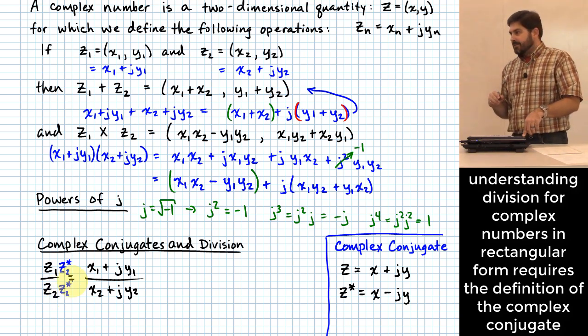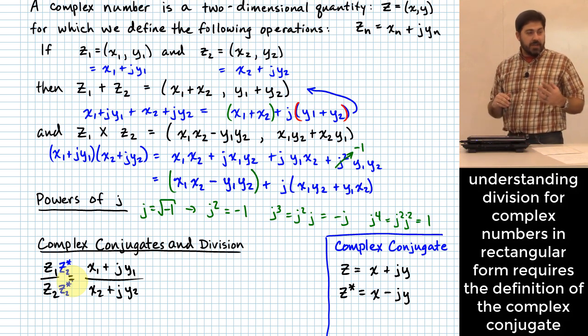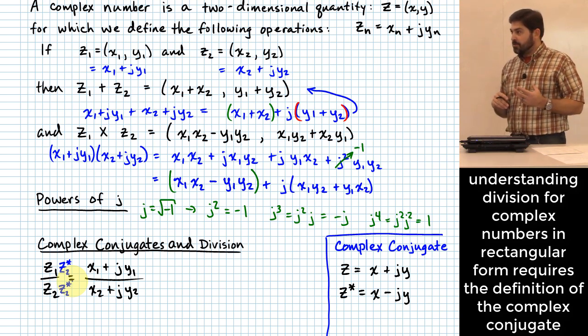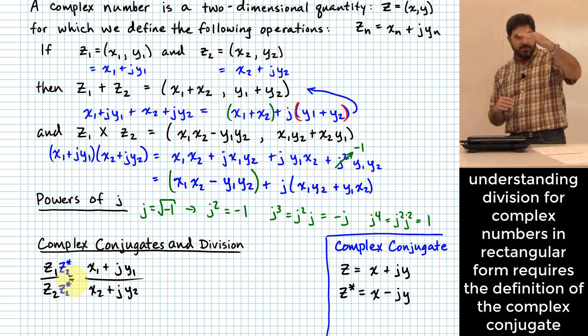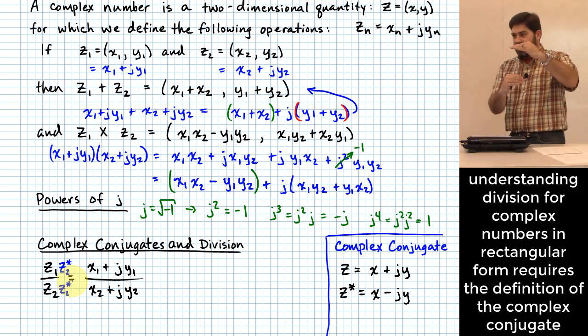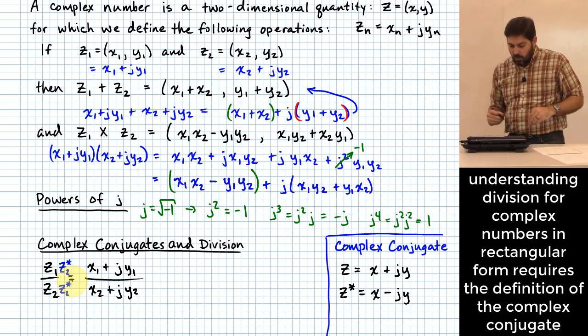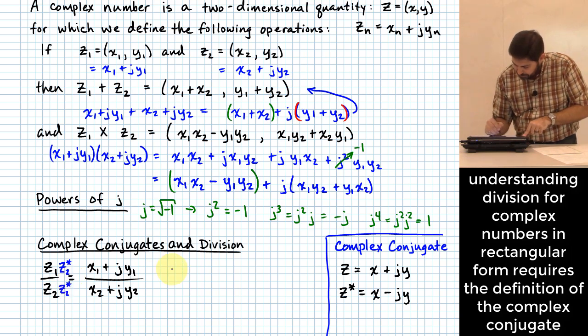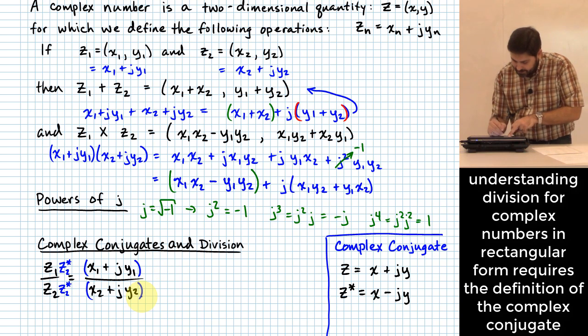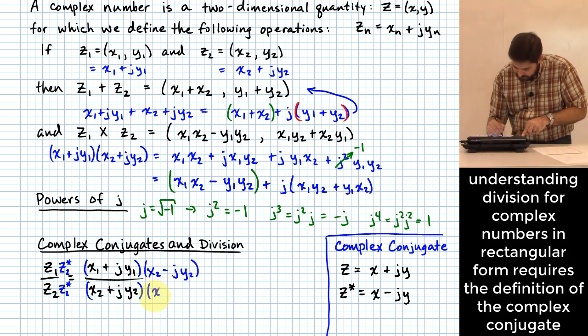Complex numbers work the same way as real numbers with respect to being able to multiply by a value over itself, right? That doesn't change what the value is. What does that actually look like when I get ready to multiply on this thing over here? Well, in the numerator, I end up with x2 minus j y2 over x2 minus j y2.